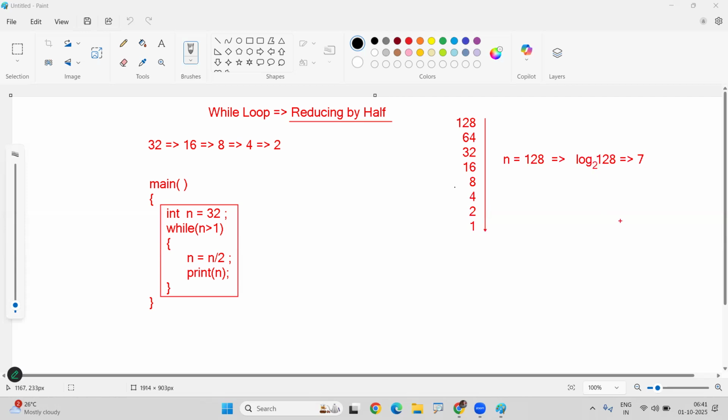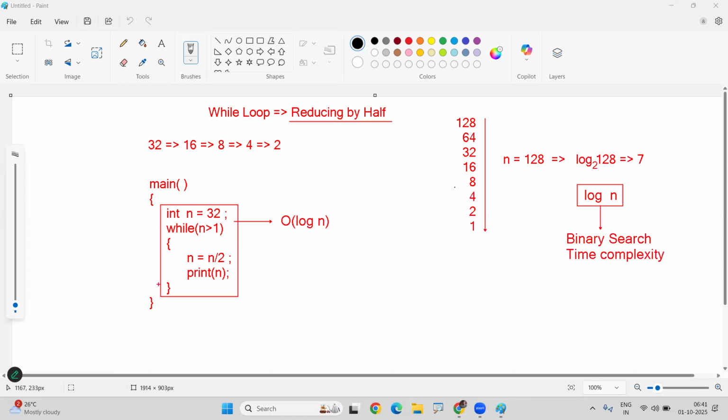This is nothing but log n times, log n base 2. Normally we call this binary search time complexity. According to big O notation, we just call it log n times.